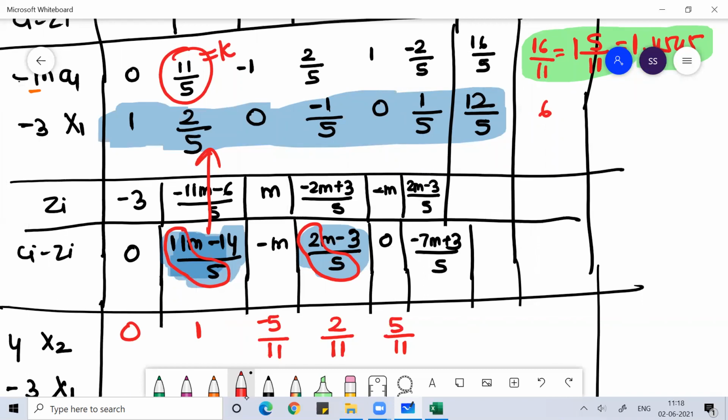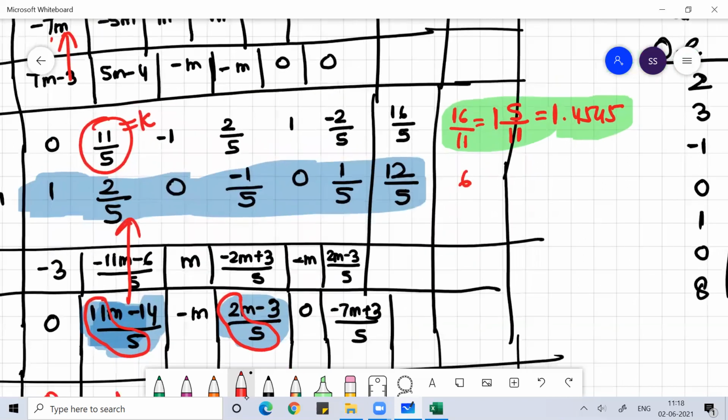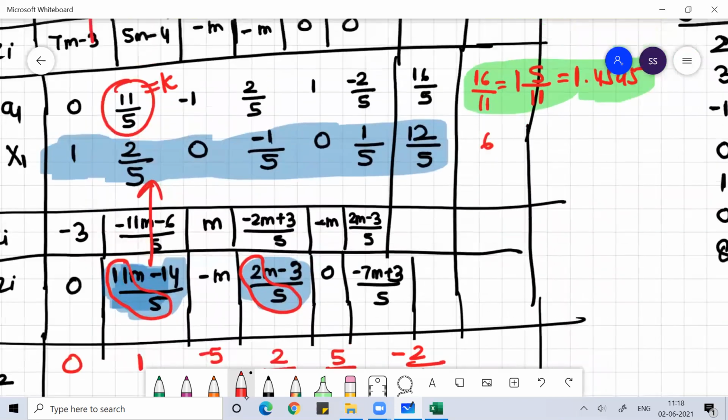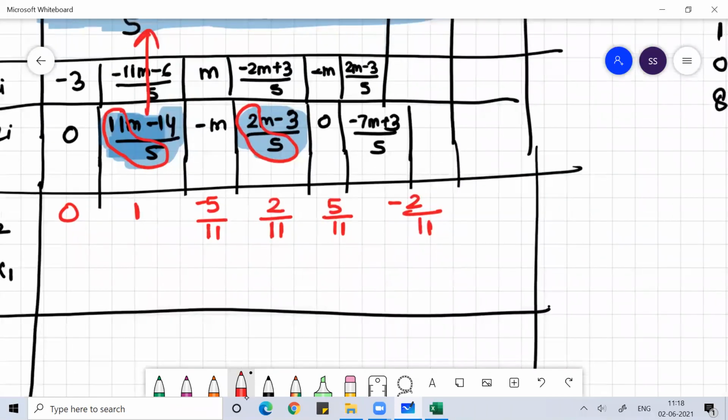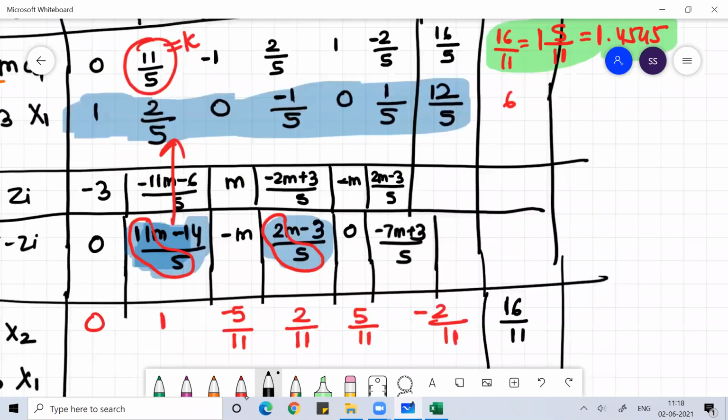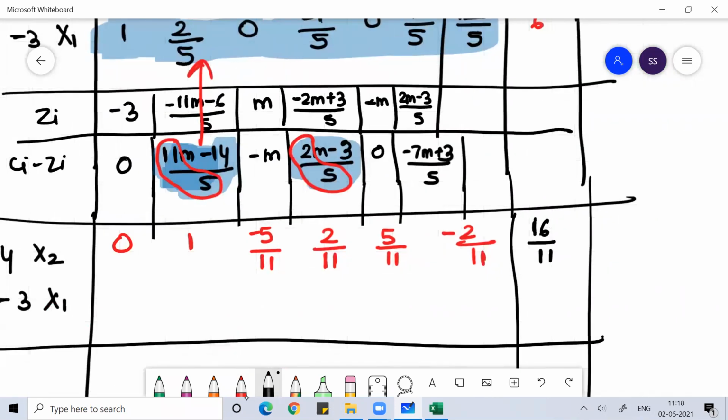Then minus 2 by 5 divided by 11 by 5 would be minus 2 by 11. Then 16 by 5 divided by 11 by 5 would be 16 by 11. Okay, you understood this, right?